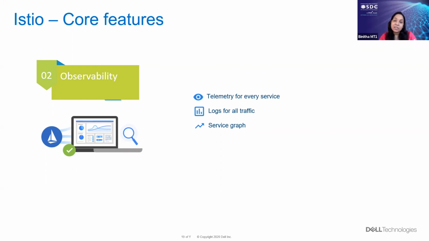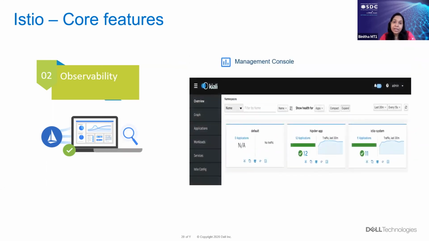But the most interesting tool that we found was Kiali. Kiali is a management console made for Istio. If you're wondering what exactly Kiali does, it tells which microservices are part of my service mesh, how they are connected, how they are performing, and how I can operate on them.